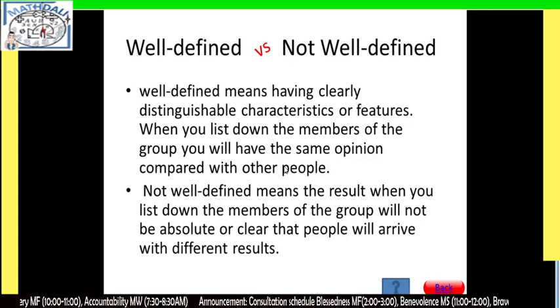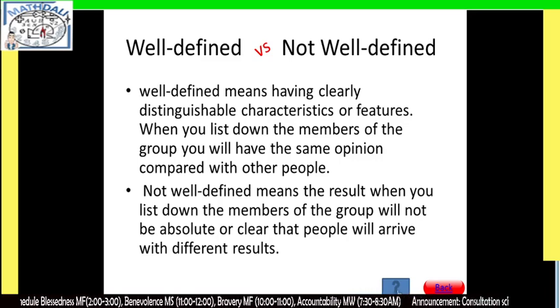You will come up with the same set containing the same elements. Not well defined means the result when you list down the members of the group will not be absolute or clear, that people will arrive with different results.